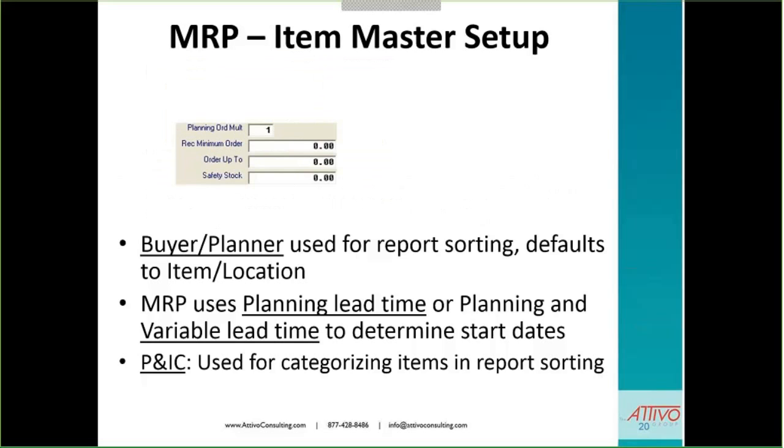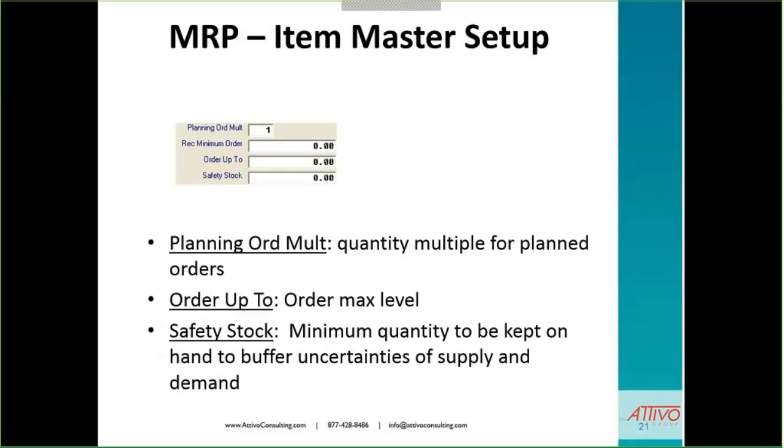So, last few things, the planning order multiple. If there is a planning order multiple set, this will actually work for all of the order policy codes to essentially help you identify quantities very much like a fixed lot size. The order up to and the recommended minimum, the order up to is the order max level.